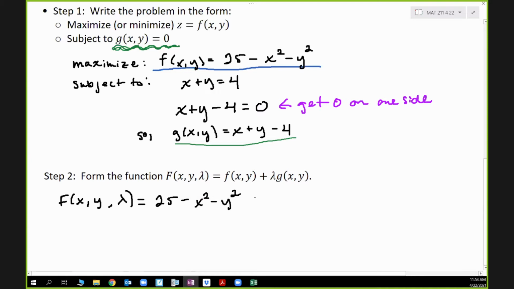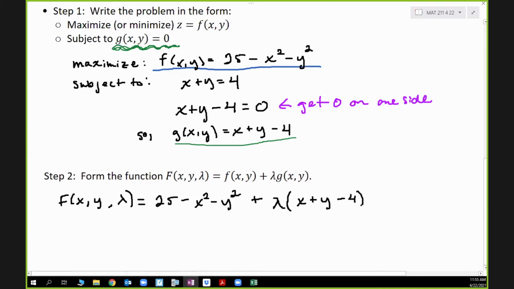And then we're adding lambda times the g of xy that we found in step 1. So this is step 2, just putting this new 3 variable function together.